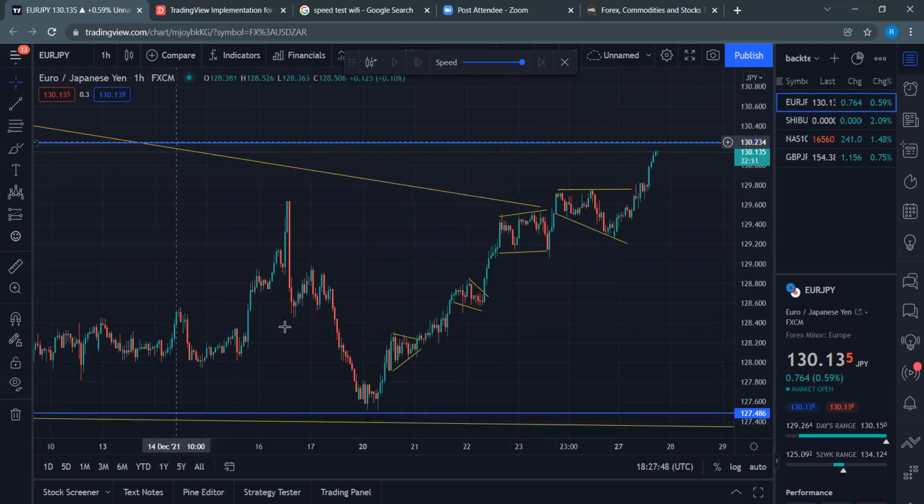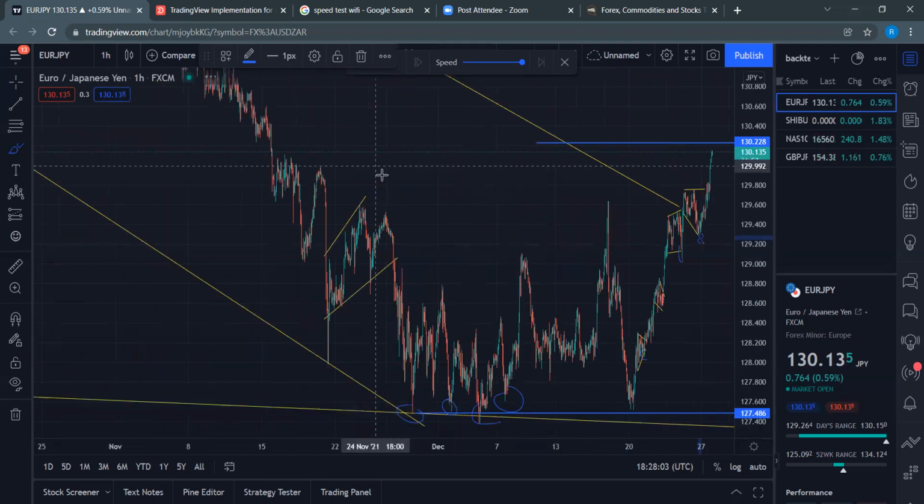When you look at this, it gives you a lot of entry points, because you could have entered here, here, here, and here.